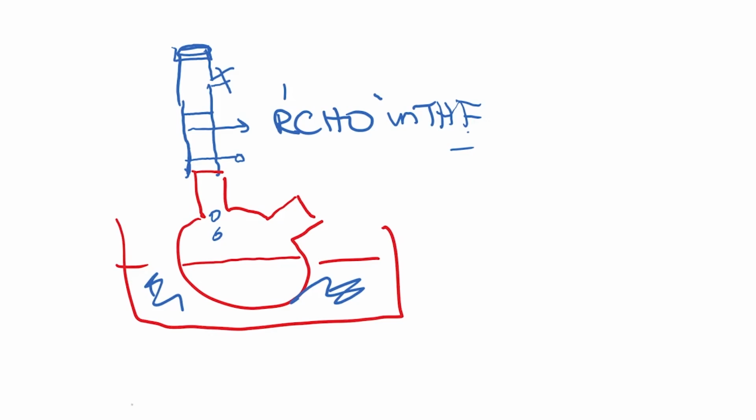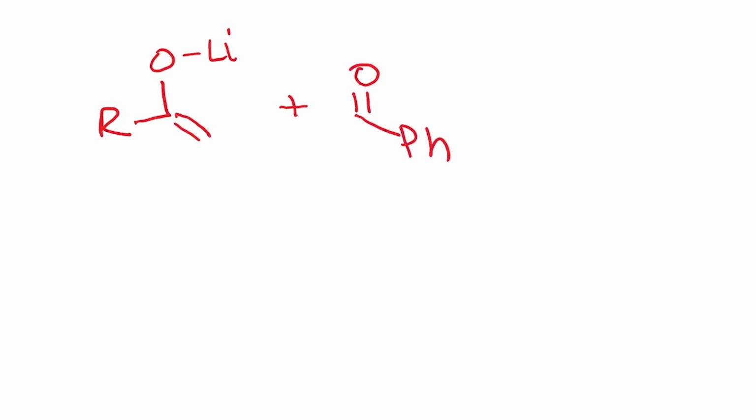Okay, now let's go to what reaction we are talking about. So the reaction here is R O Li. So let's say we start with benzaldehyde. So you can have the attack of the carbonyl on this position like this, and you get the following.